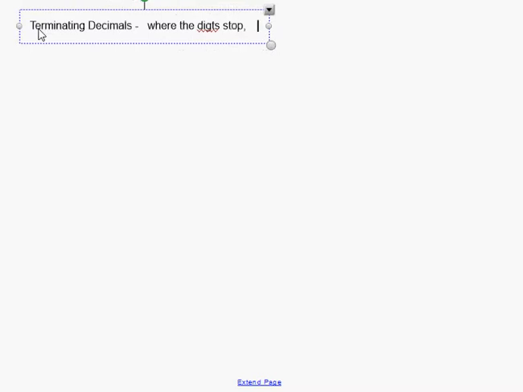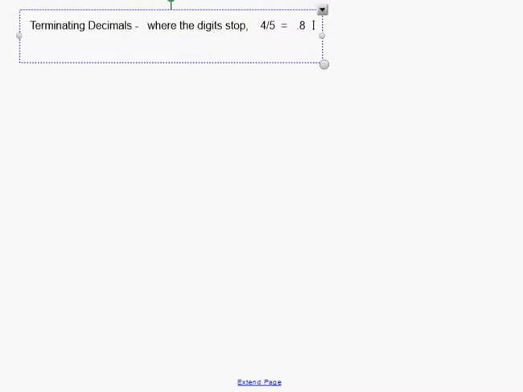So if we have 4/5, that would give us 0.8. So 0.8 would be considered a terminating decimal because the digits stop.